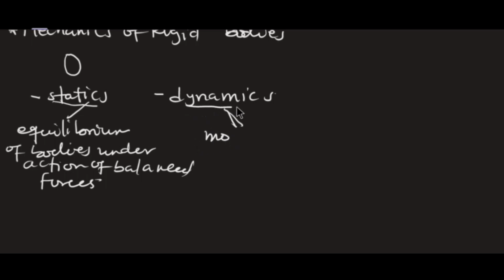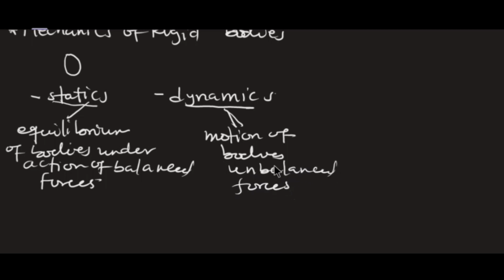Since you hear dynamics, it keeps on changing. So motion of bodies under the action of what? Unbalanced forces. That is the key term. Take note: statics deals with balanced forces and dynamics deals with unbalanced forces, which cause the body to move.